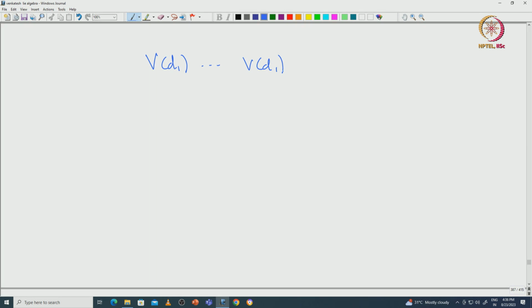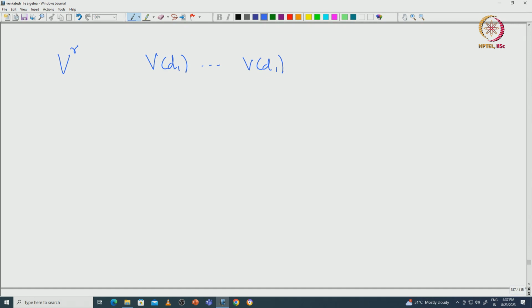In particular, if you look at this V, and at some gamma, the gamma eigenspace, the H eigenspace of V, then you get contribution to this gamma eigenspace from all these V_di.